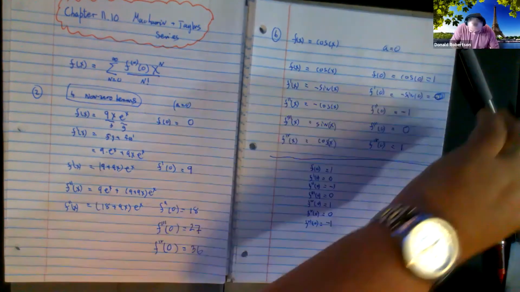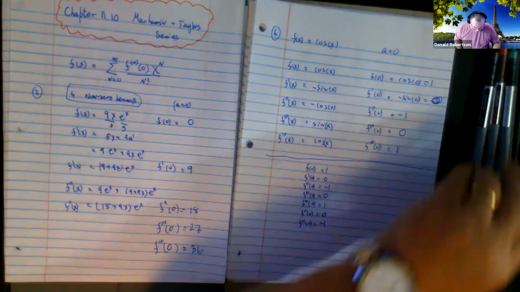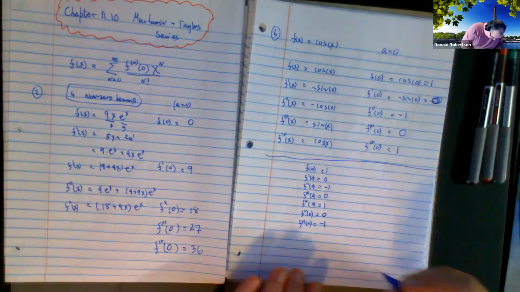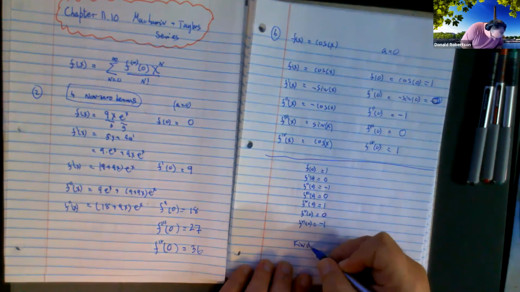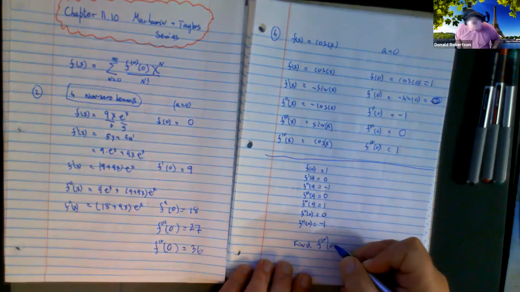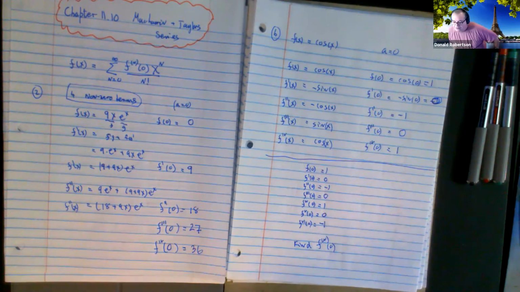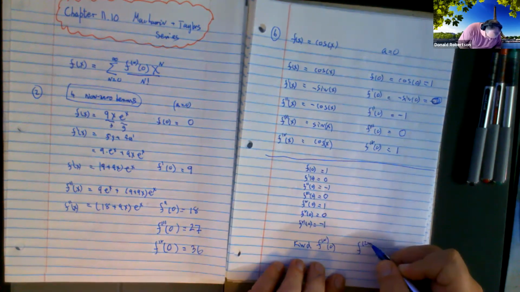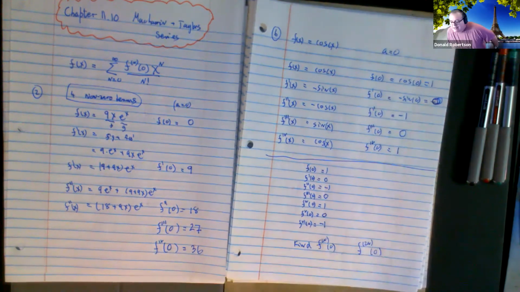Now, normally when we do patterns, we try and find the nth derivative at 0. But sometimes that's really not easy or practical to do. In this case, I am going to find the 2nth derivative at 0. So I'm only going to find a pattern for the 2nd, 4th, 6th, and 8th derivative, essentially.